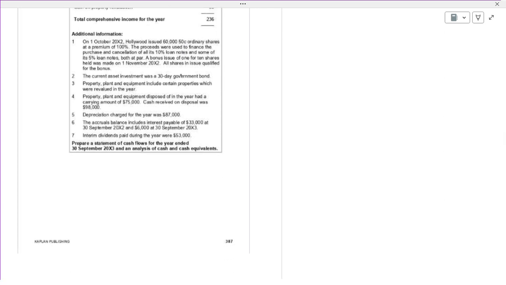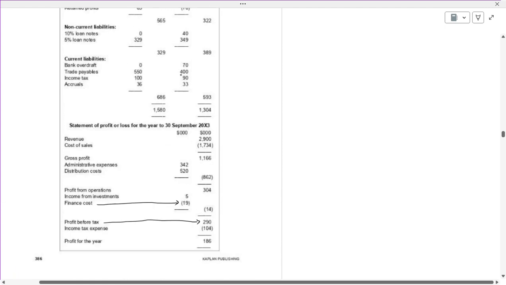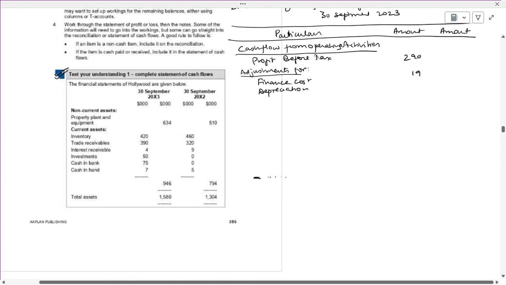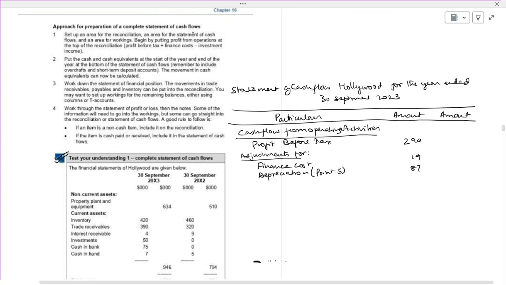It is 87,000. 87. Okay. Depreciation. I will write 87. If I'm not writing, you have to remember this is in thousands. Are you clear about this? Yeah. Next. Anything else?